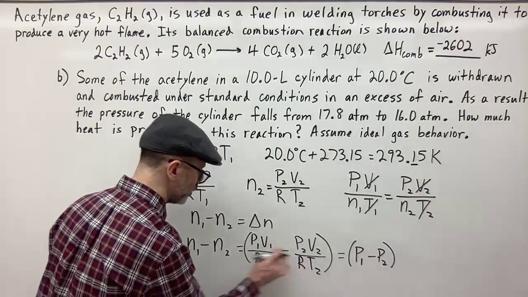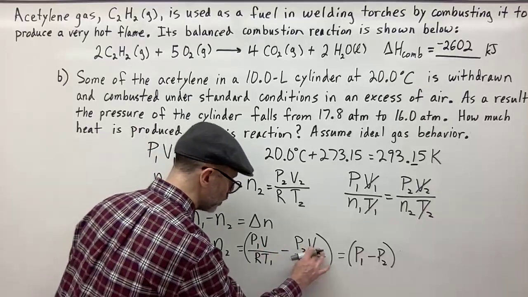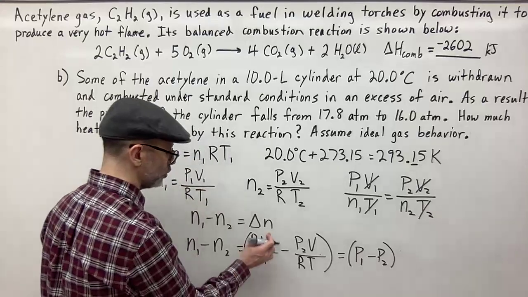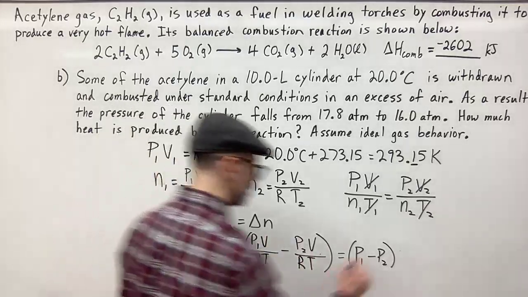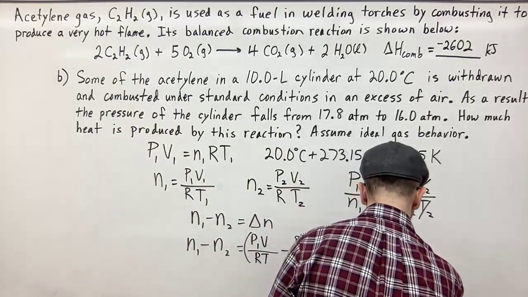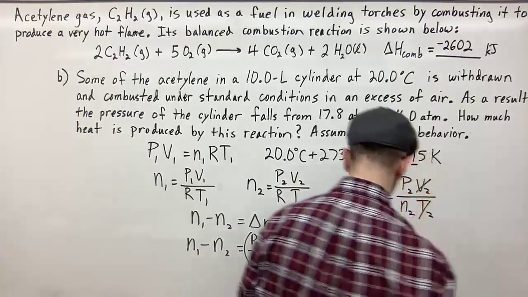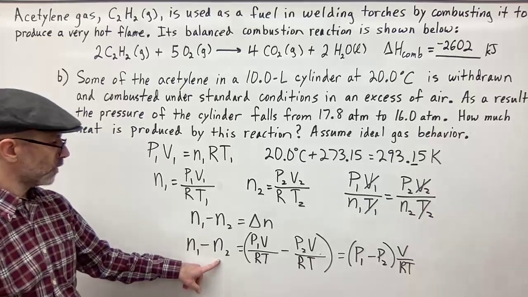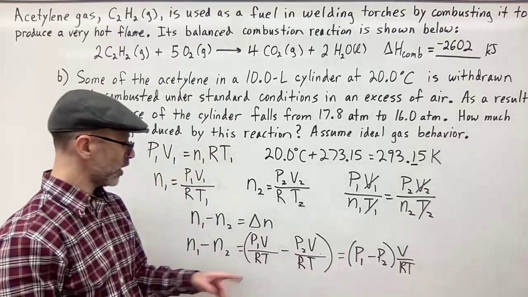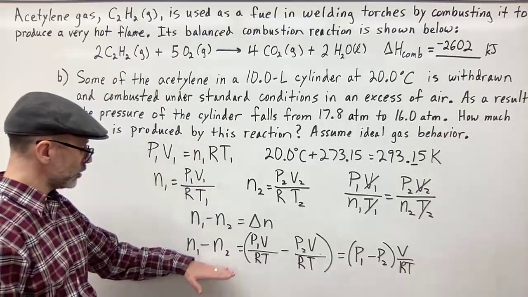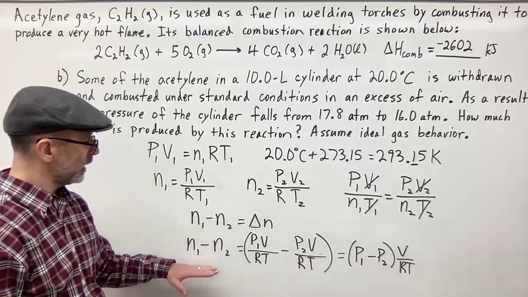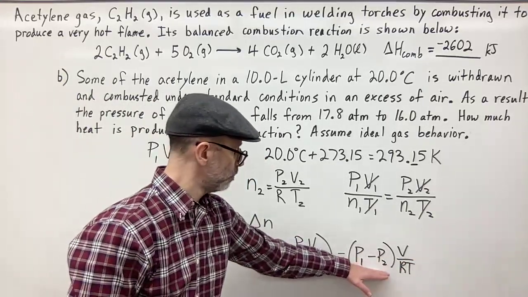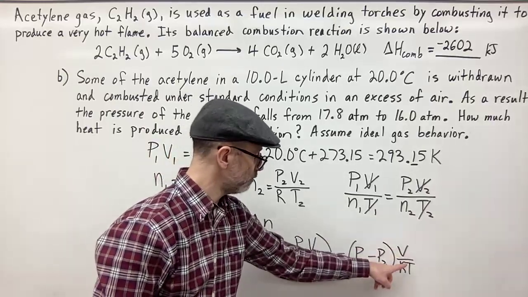It doesn't have to be 1 and 2. So the volume is going to be the same on both sides. Temperature is going to be the same on both sides. So it's just volume, R and T. So it's going to be V over RT. So here, the change in the number of moles is equal to the change in the pressure multiplied by V over RT.